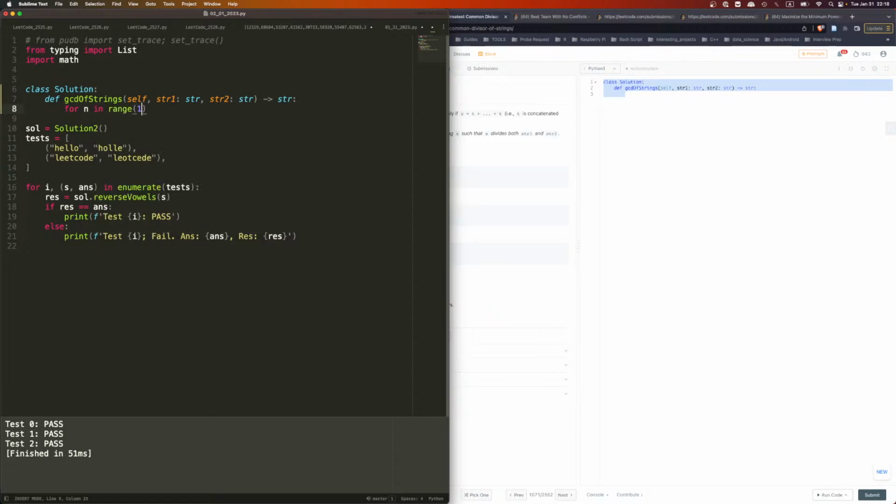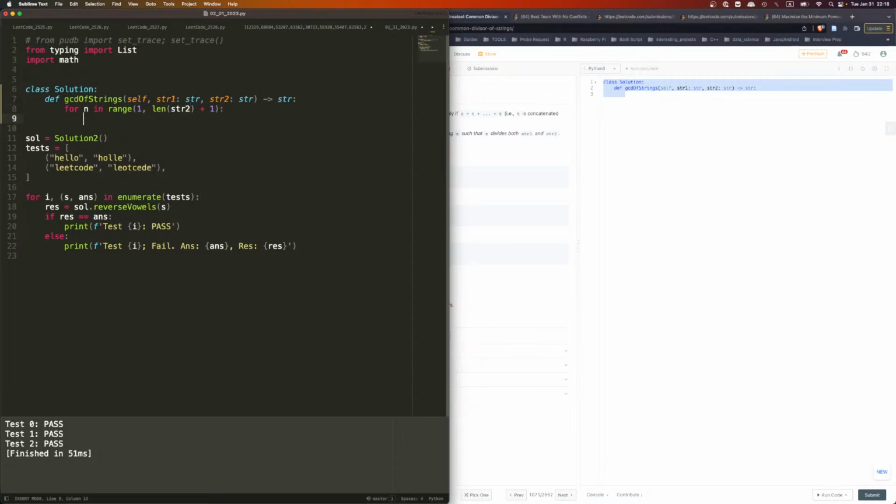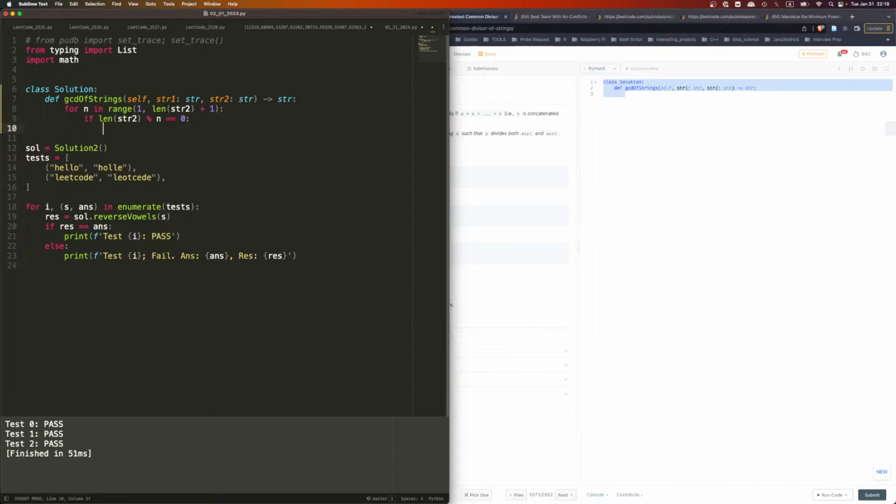It has to be 1 all the way to len str2 plus 1. Okay, for each one we need to check if it's divisible, right? So we say if len str2 mod n is equal to 0 and len str1 mod n is equal to 0.